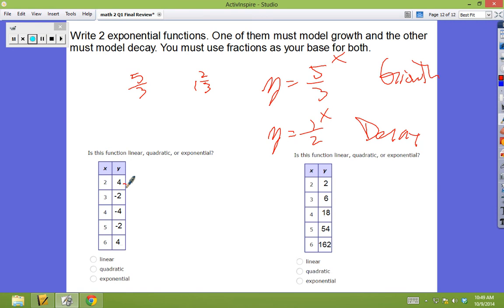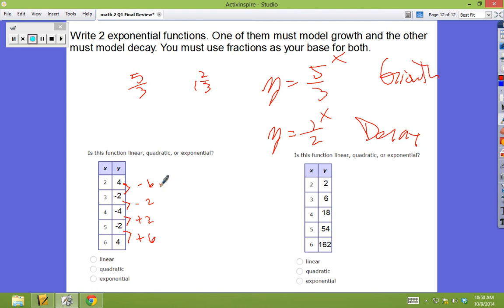Alright, look at a function from a table. Here we go. How much did it change? 4 to a negative 2, that went down 6. Negative 2 to a negative 4, that went down just 2. But then negative 4 to a negative 2, that turns around and starts to go up 2. Then negative 2 to a 4, that goes up 6.